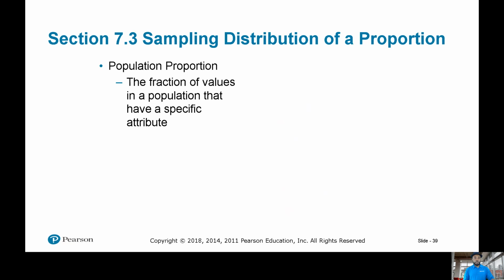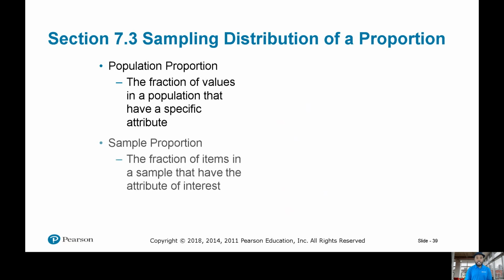So the population proportion is the fraction of values in a population that have a specific attribute. And the sample proportion is the fraction of items in a sample that have the attribute of interest.